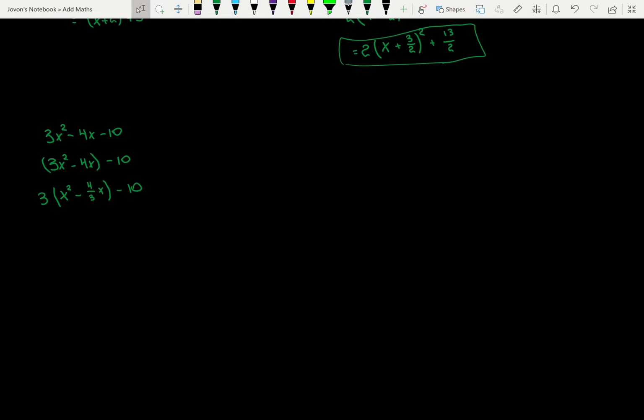Okay, now we have to add in half the coefficient of the x term and we square it. So it becomes 3 into x squared minus 4 over 3x. Now we need to add in half of the coefficient of x. But what is the coefficient of x? It is not 4 over 3, but it is minus 4 over 3.